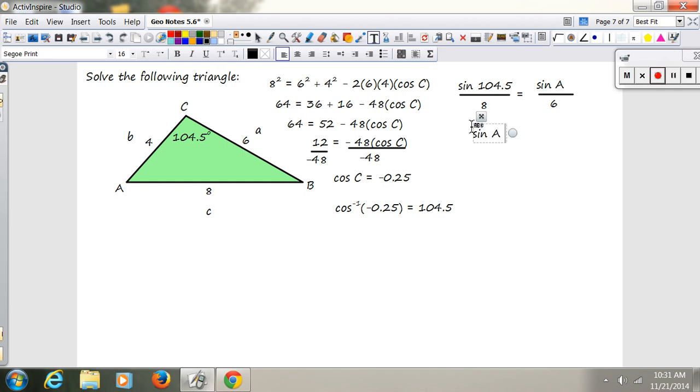So sine of A equals, let's multiply sine of 104.5 times 6. Always close your parentheses in your calculator so that if you do sine of 104.5, you close it, so it times it by 6. You don't want to put the 6 in the parentheses. And then you get that answer and divide it by 8. 0.7261.